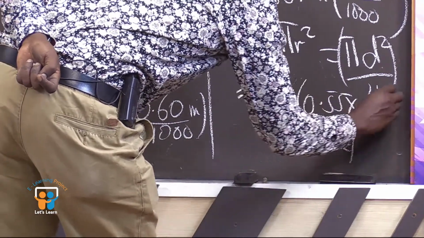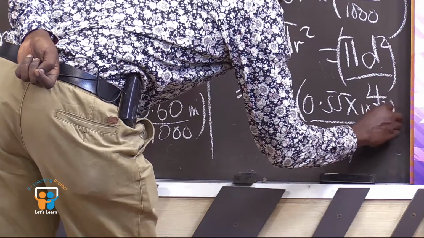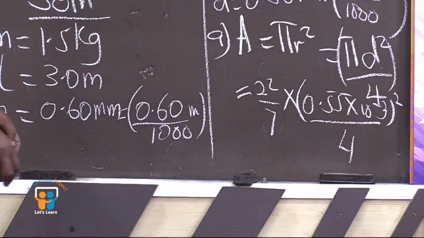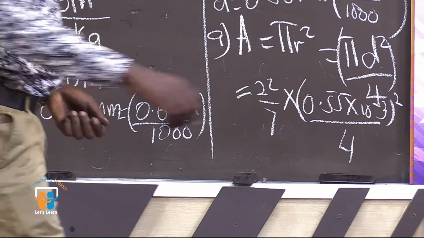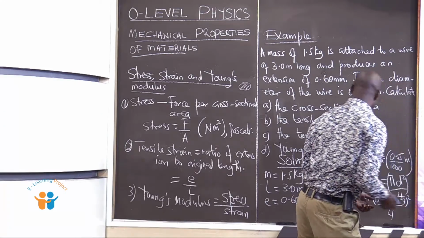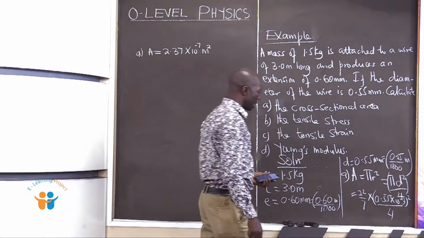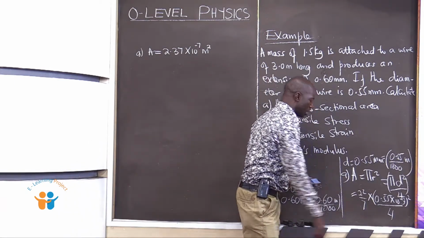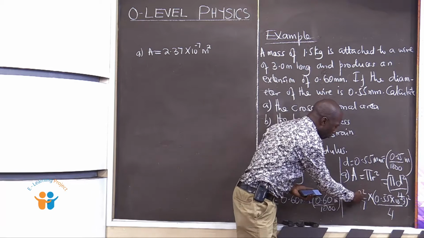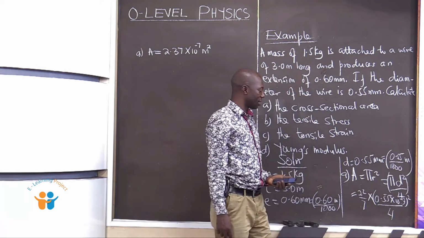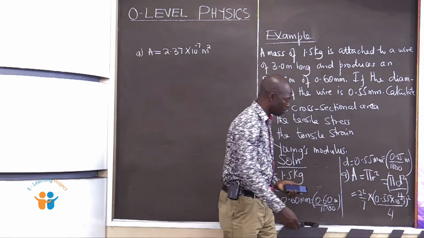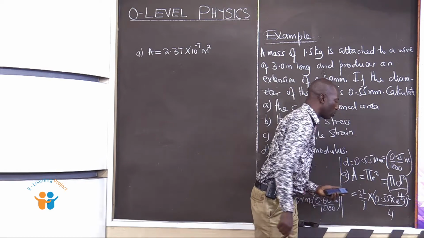Remember, this one is squared. So we can get our calculators and work out what that will give us. I think your calculators are giving you values. Just substitute. We can use 22 over 7. Some people like using 3.14, but I know most of us in O level like using 22 over 7.